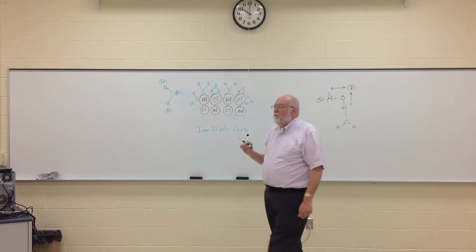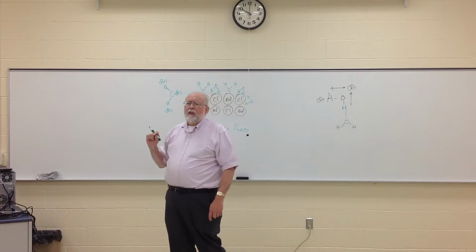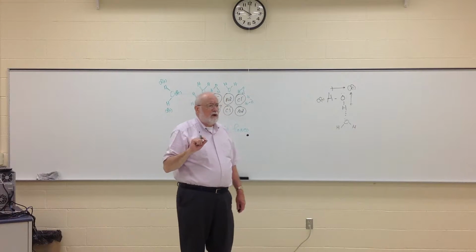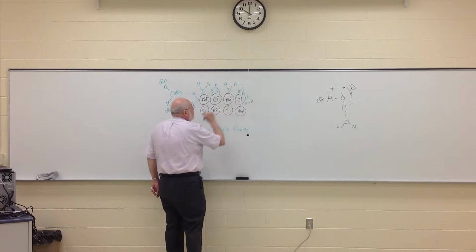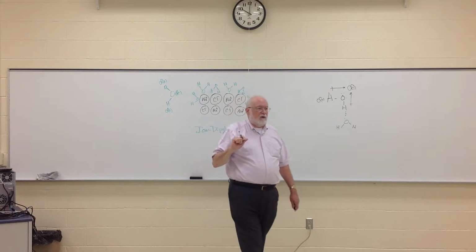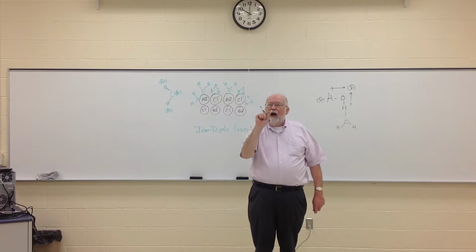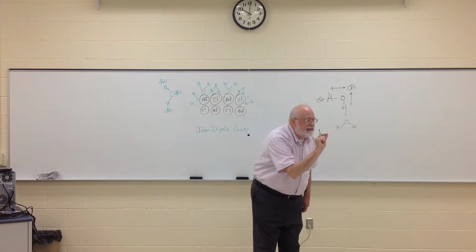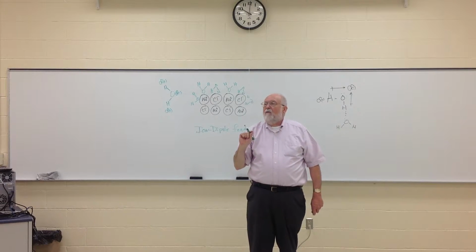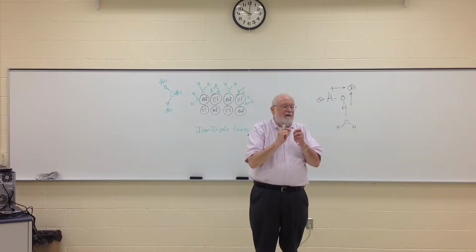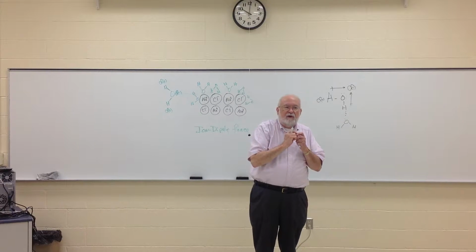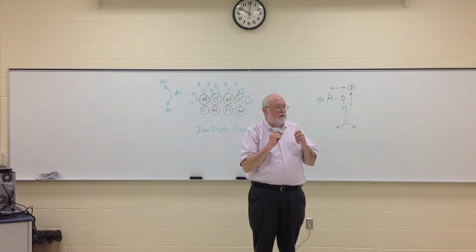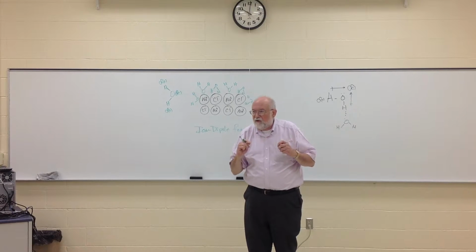So as you form more and more of these ion dipole forces on the surface, the ionic bonds between the ions start to get weaker. Now, what happens to the distance between particles when you start to weaken their interparticle forces? Do they get closer together, or do they move further apart? They start to move further apart.